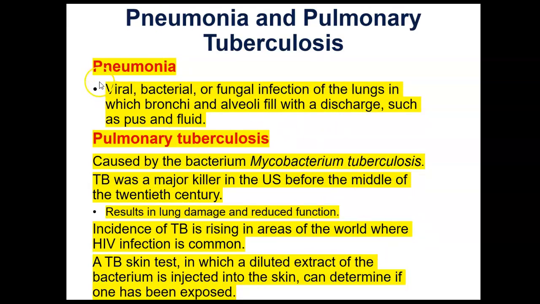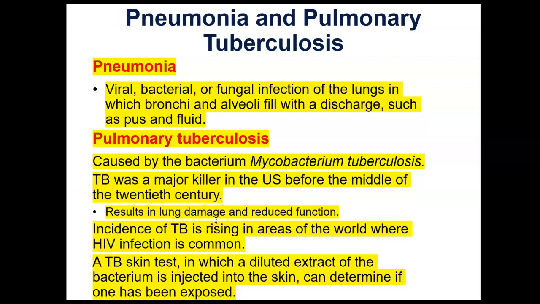Now, pneumonia is viral, bacterial, or fungal. It's an infection of the lungs in which the lungs fill with fluid and pus. Then you have tuberculosis, which is a bacterial infection caused by Mycobacterium tuberculosis. TB was a major killer in the United States before the middle of the 20th century.